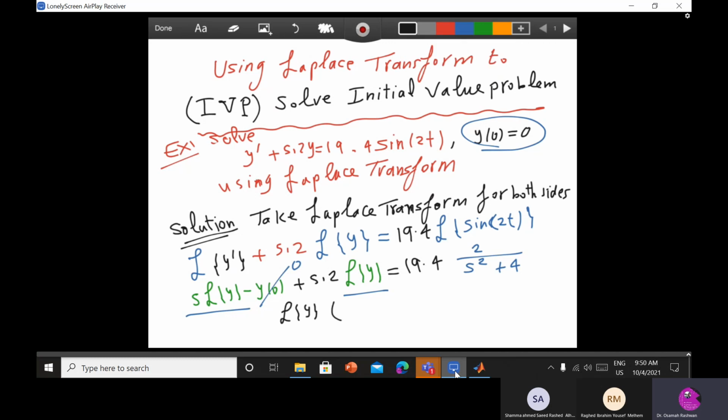So what I have, I left over with s from the first part plus 5.2, right? Equal to this 2, I can multiply it by 19.4, so I have 38.8. Is it correct? Over s squared plus 4. Now I'm looking for Laplace of y.